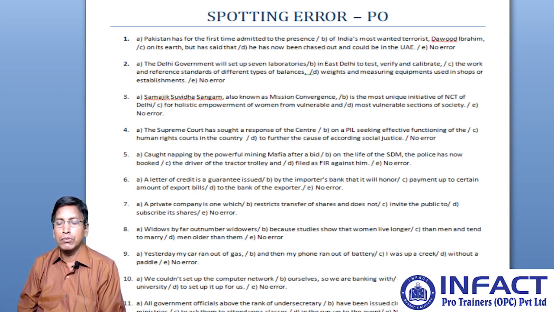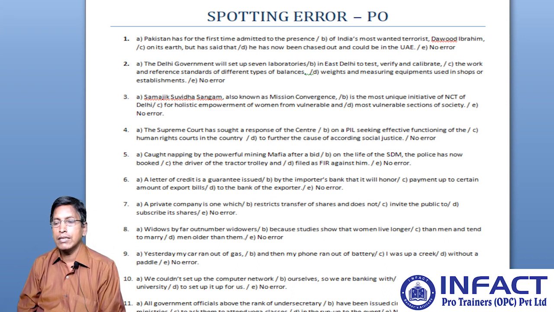If you take the first part, the Delhi government will set up 7 laboratories. Is there any error or is there any change required? Don't think so, isn't it? Let us take the second part. In East Delhi to test, verify and calibrate. Even here, I don't think any correction is required.